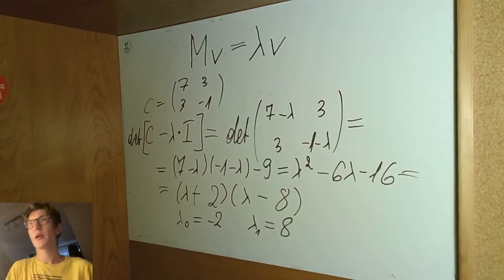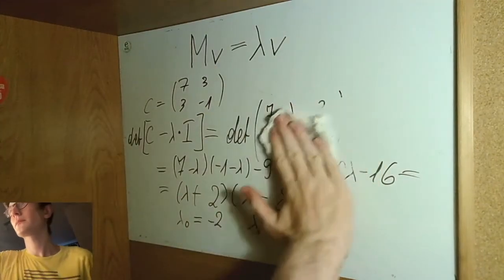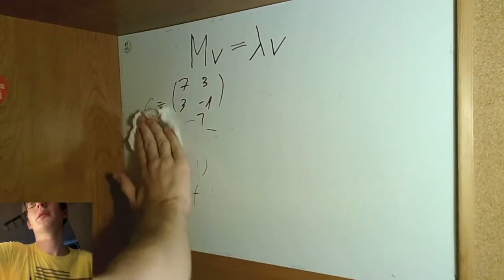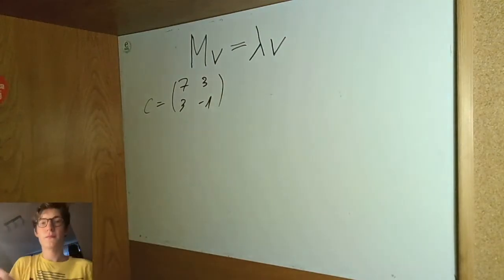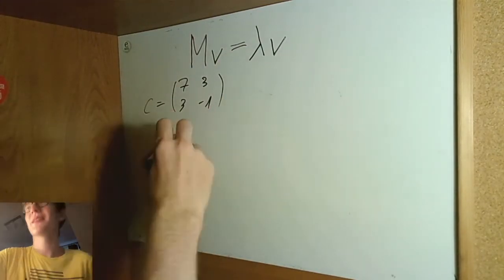Now we want to find eigenvectors corresponding to these eigenvalues. So to do that, we just write this formula for our data.